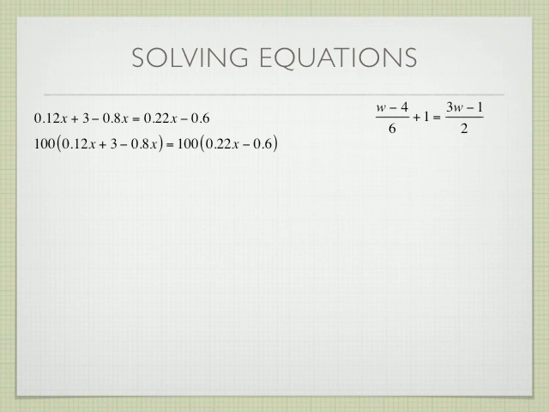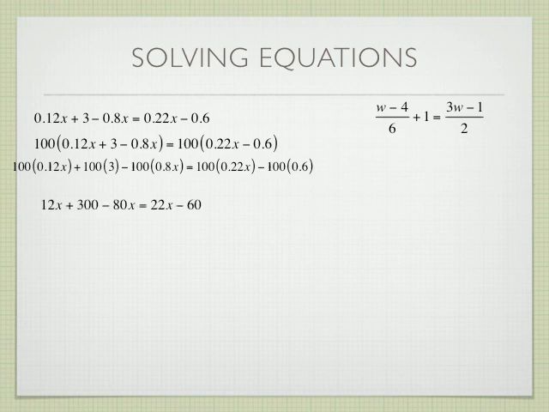Now we have to make sure that we do it to every term, whether or not it has decimals to clear. So when I take 100 times 0.12, that becomes 12x. I can't forget to take 100 times 3. Even though that didn't have any decimals to clear, I can't just pick and choose who I multiply by 100. I have to multiply everybody by 100.